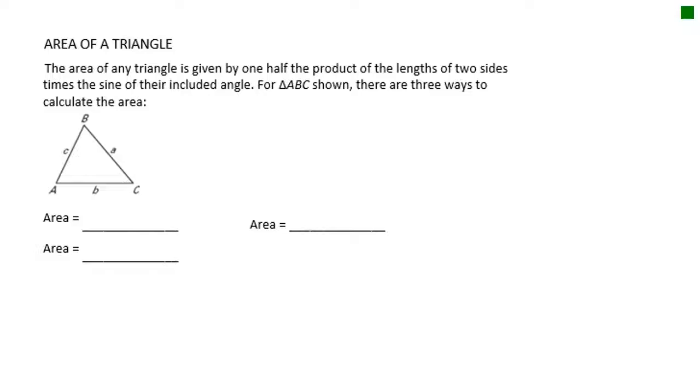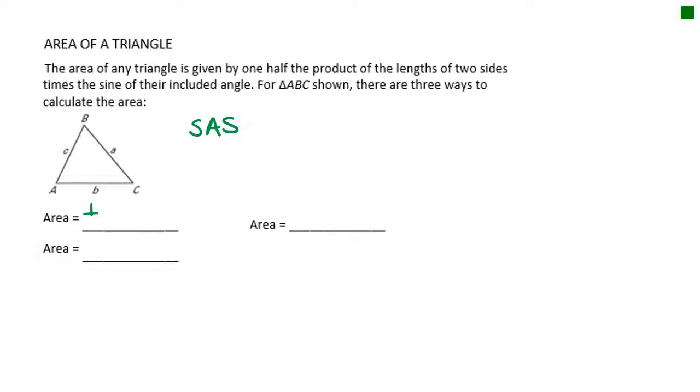We can find the area of any triangle by 1/2 the product of the lengths of two sides times the sine of their included angle. So what I mean is the side angle side scenario. If I know two sides and the angle in between them, then I can find the area.